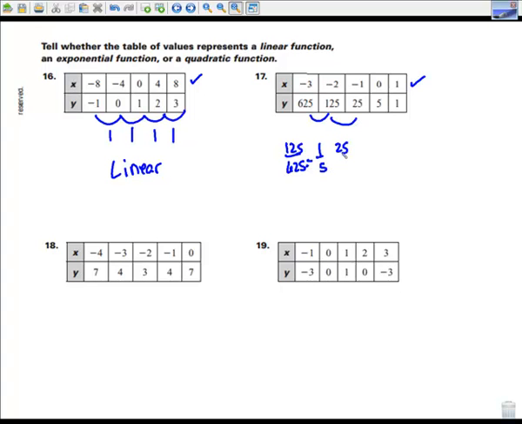If I take 25 and divide it by 125, I get 1/5. If I take 5 and divide it by 25, again I get 1/5. And then 1 divided by 5 is 1/5. So all of these have a ratio of 1/5. And when they have equal ratios, they are exponential.